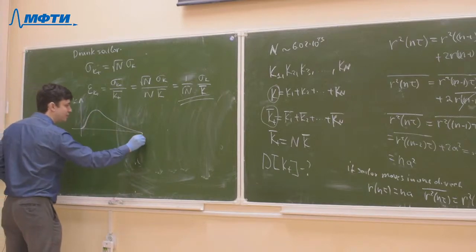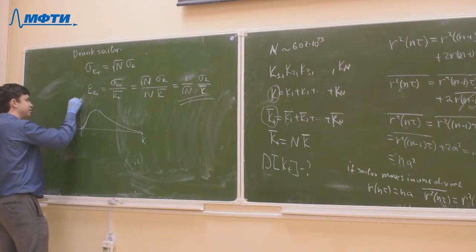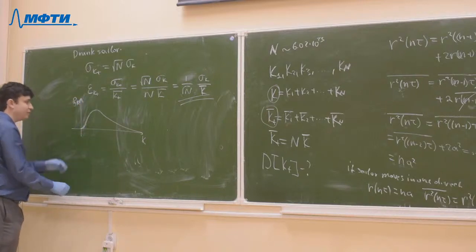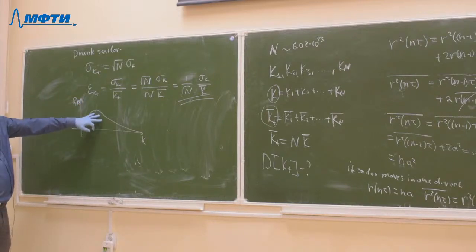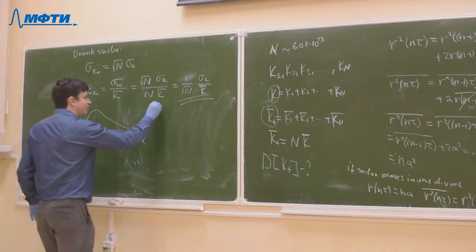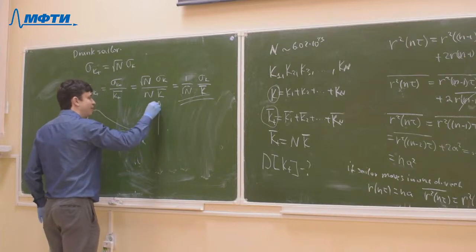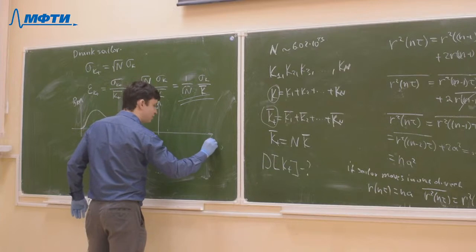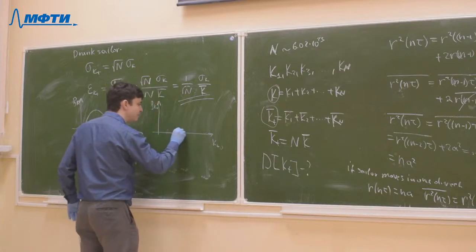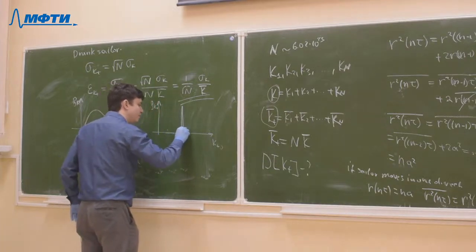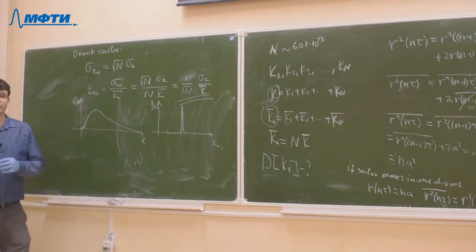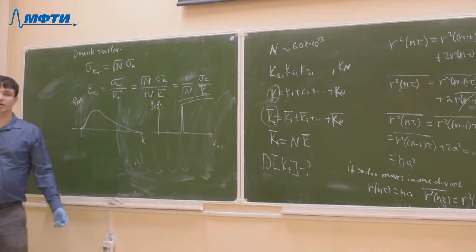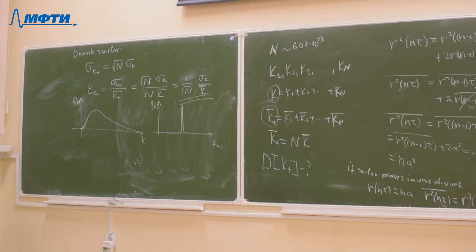Okay, this is K, and this is the probability density, rho of K. So if the initial distribution of kinetic energy of particles is a wide function like this, then the probability density of total kinetic energy is a very sharp peak with very low width. And this is what enables thermodynamics.